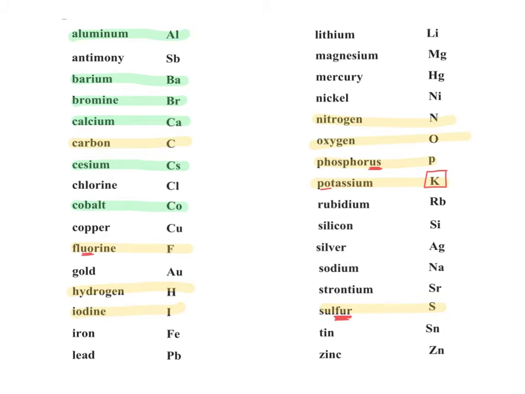Cobalt. Let me jump over to the next column. We see lithium, magnesium. Again, it's the third letter, but it makes some sense. Nickel, rubidium, again the third letter, silicon, strontium, and that one's pretty good, and then zinc.